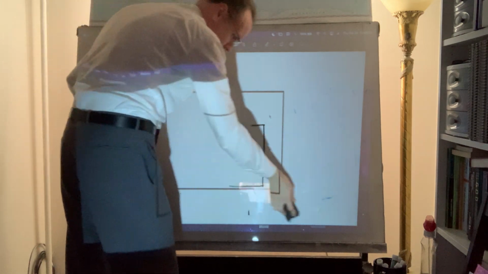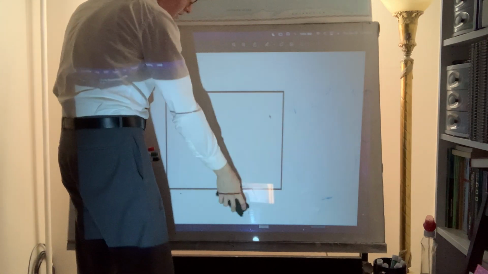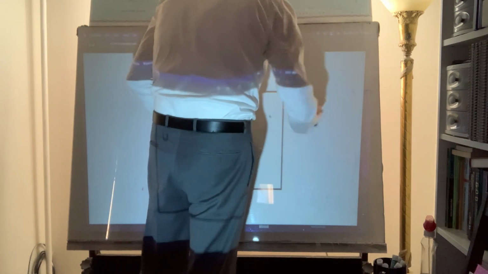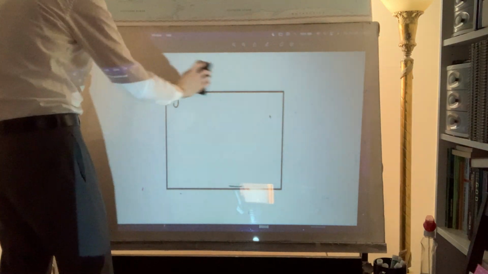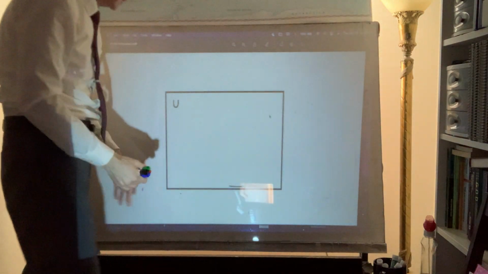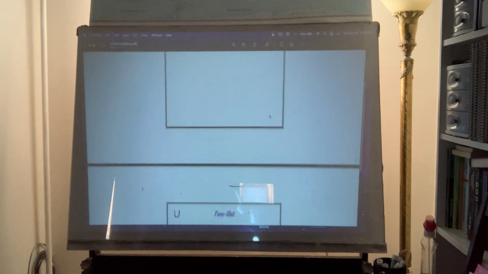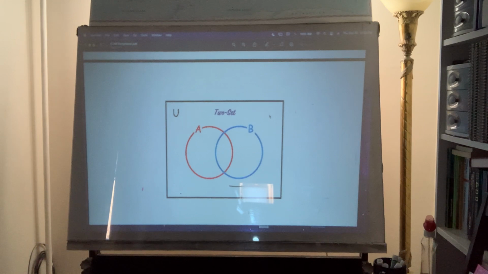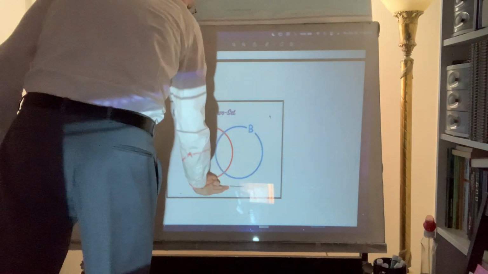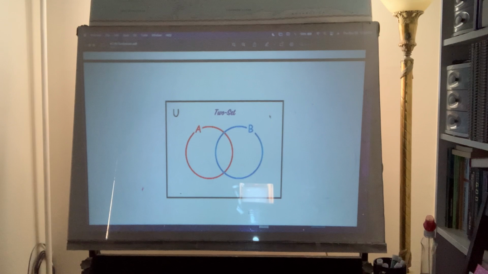That's why I made it available in Canvas. So you don't have to do that every single time. Just print a couple of copies. And if you know you're dealing with a two-set Venn diagram, you could use that template instead if you'd like.